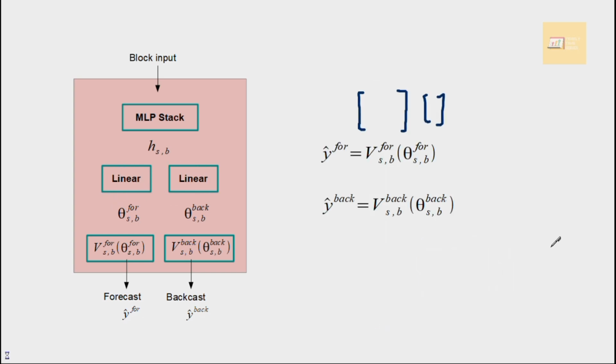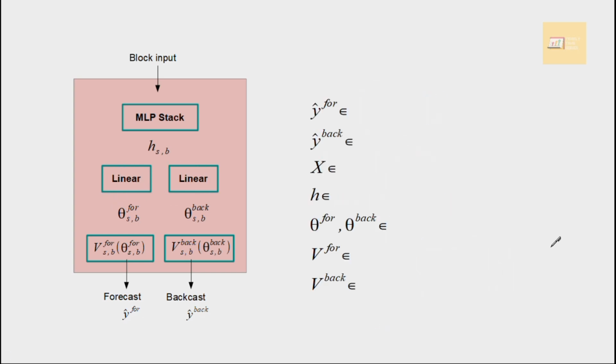Now, what is the total columns of matrix V, and what is the length of theta? Well, I'll start from y-hat forecast. The forecast would be an array, right?